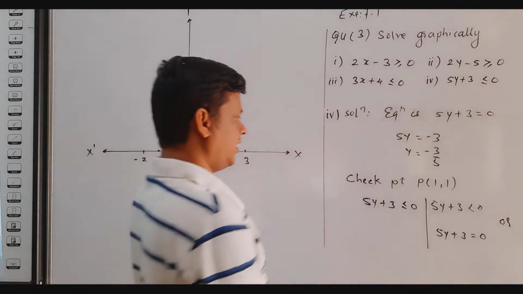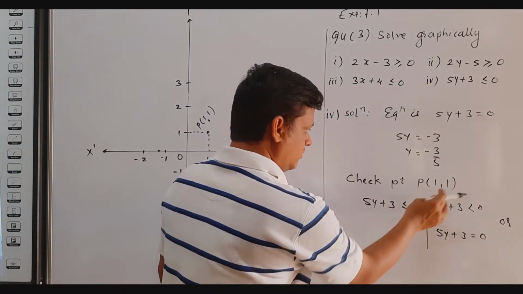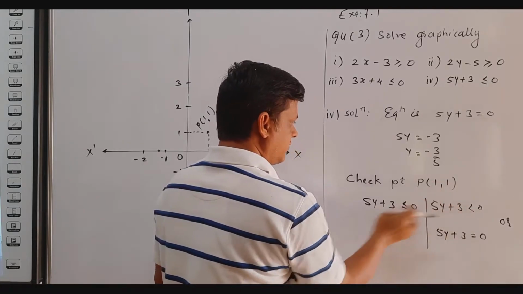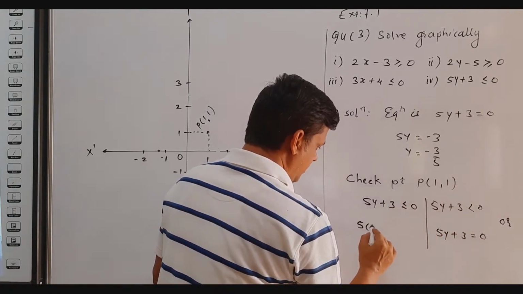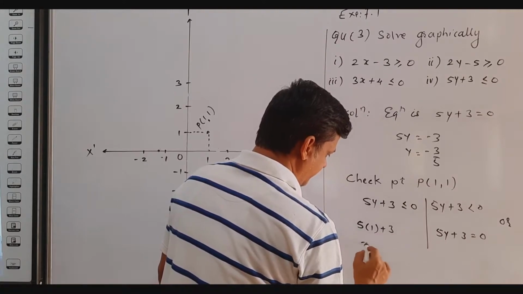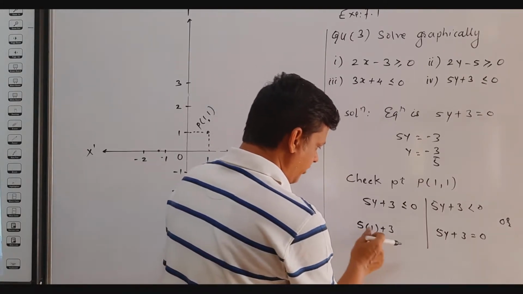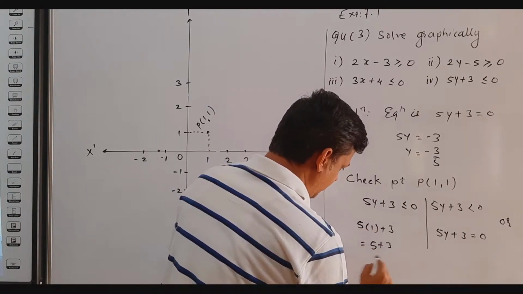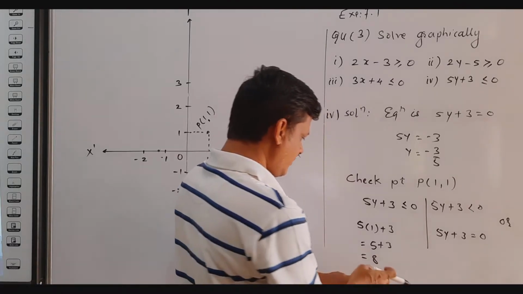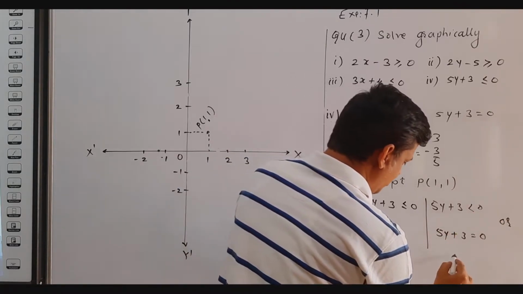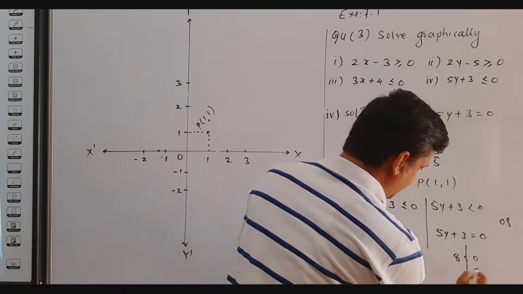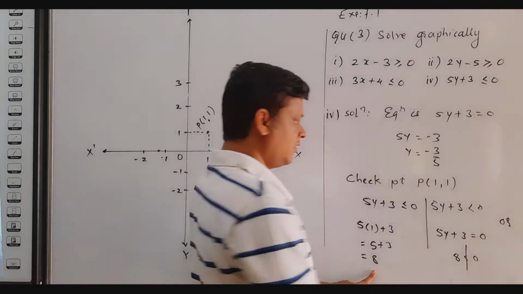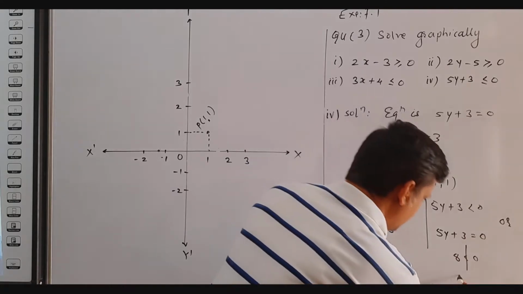So we check for this point P(1, 1). We have to replace y by 1. So we write 5 into 1 plus 3, 5 into 1 is 5, 5 plus 3 is equal to 8. So 8 is not less than 0. That means this condition is not satisfied. So we check the second condition.